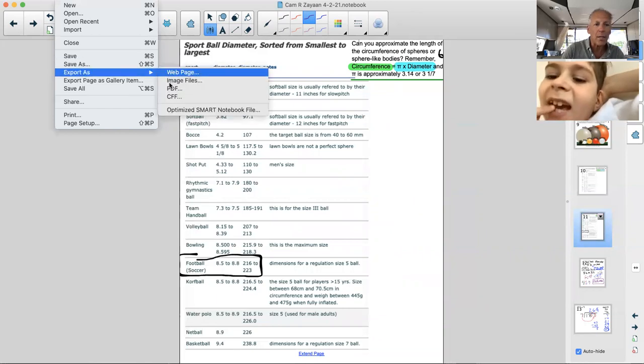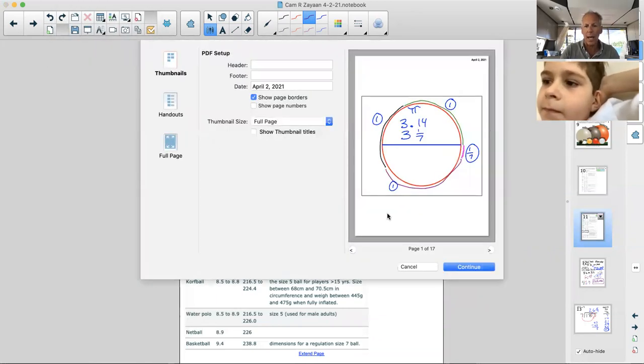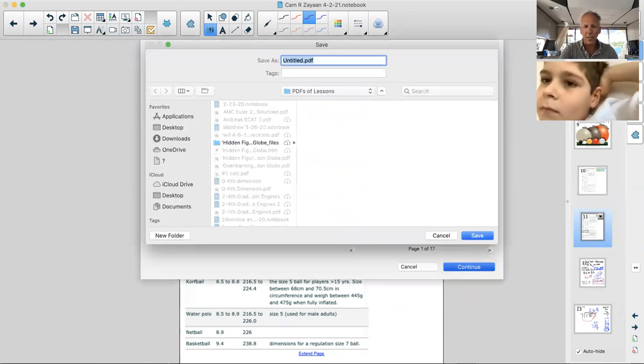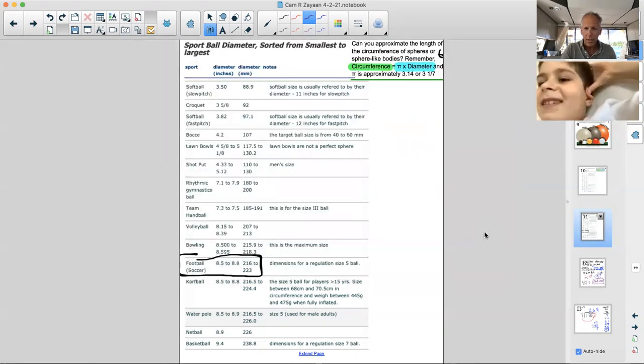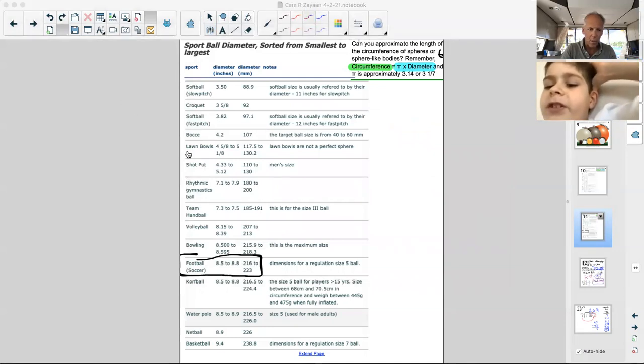And I'm gonna send this to you and Zion. Now let's see, this is Cam R, Zion, and today is the second day of April. Did you have fun on April Fool's Day? Mm-hmm. Did you? Arya and Luke, those are my two brother and sister.